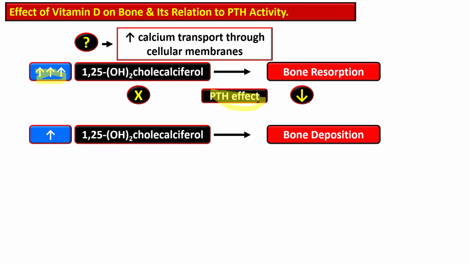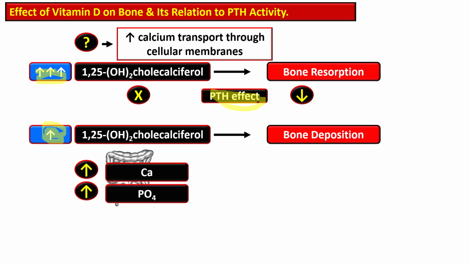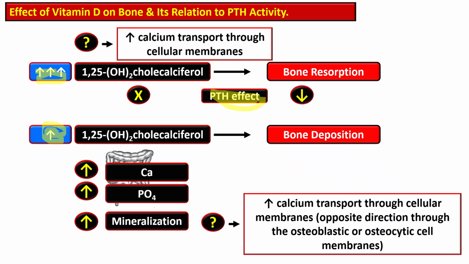In a small physiological amount, the vitamin D promotes bone calcification or bone deposition. It enhances the calcium and phosphate absorption from the intestine, increasing the availability for bone mineralization. And even without increased mineral level in the plasma, it stimulates the deposition of the mineral in the bone matrix.